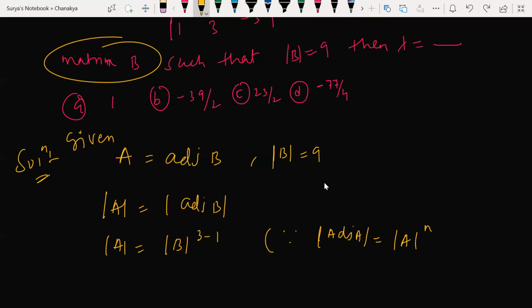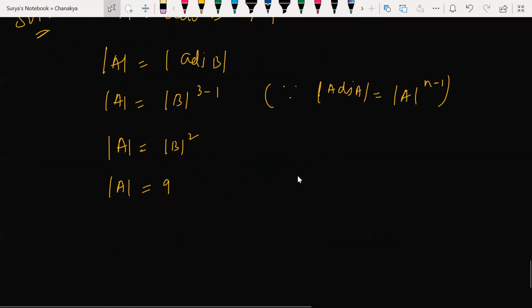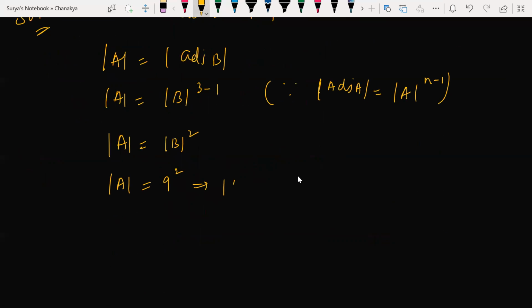So in place of A, I have B there. Very simple. So determinant of A is determinant of B to the power of 2. Determinant of B is 9 given to you, so 9 square. So determinant of A is 81. Very good.